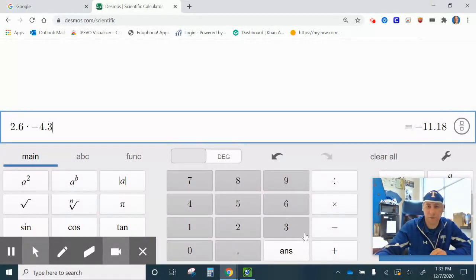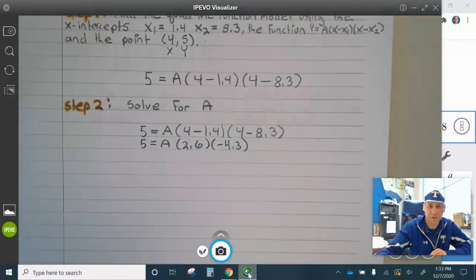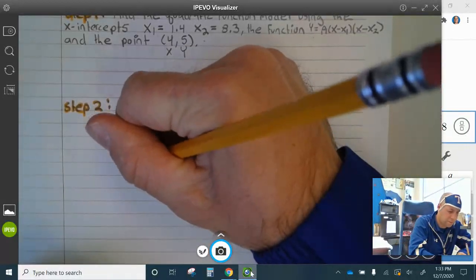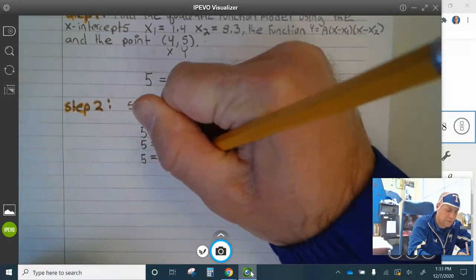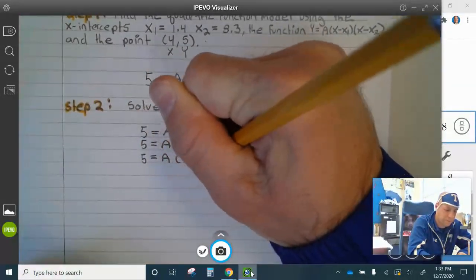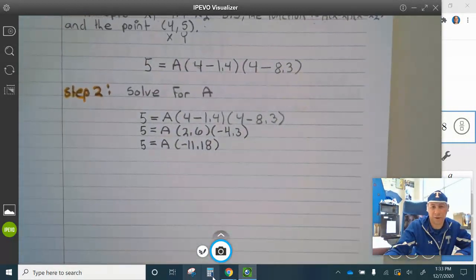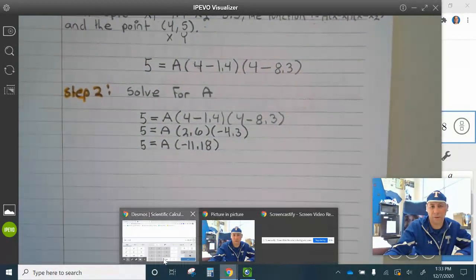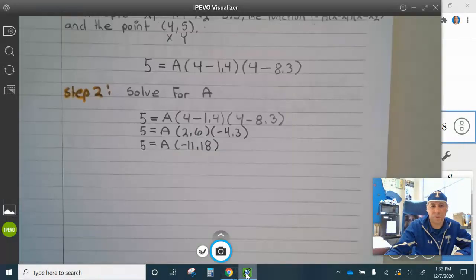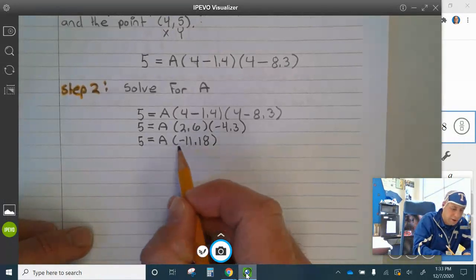They said round to the nearest hundredth, so we'll keep it at that. Let's just double check that it is negative 11.18. Yep.